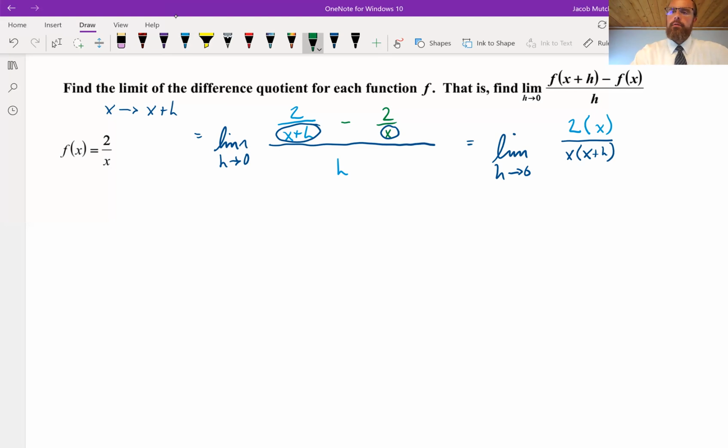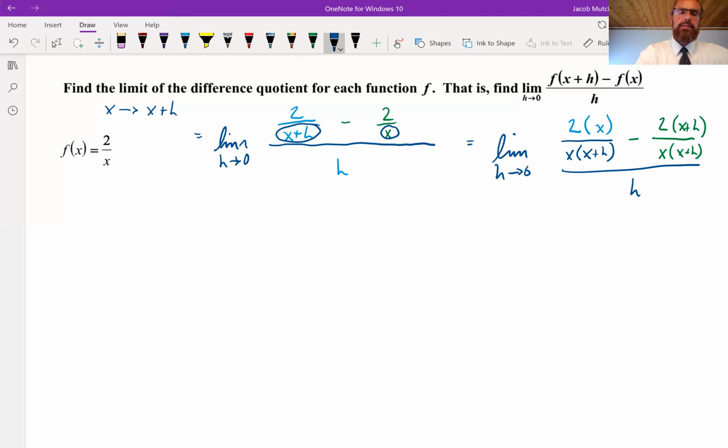Minus, and again, I had an x there. The new part in the second fraction is x plus h. So in my numerator, I'm going to have 2 times, in parentheses, x plus h. And still, that's all over h. So now my denominators are the same in the numerator, so I can combine those two fractions by subtraction.